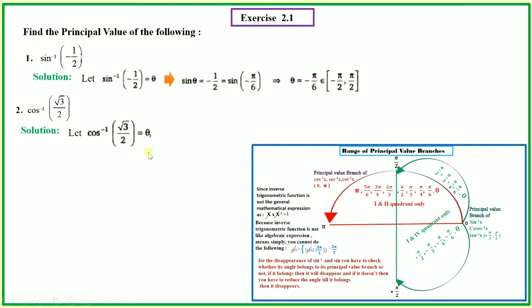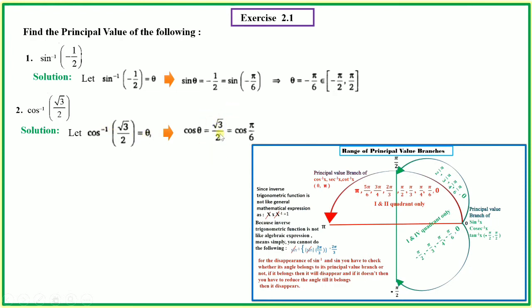Now in this case you need to be a little careful, cos inverse must belong to this range from 0 to pi, this particular red curve. You have to be within this, then only the principal value will be there. So cos inverse root 3 by 2 equals theta implies cos theta equals root 3 by 2.